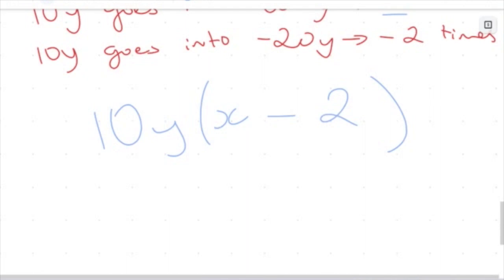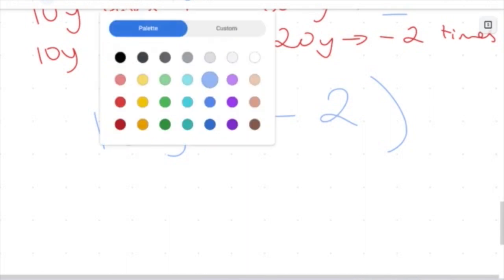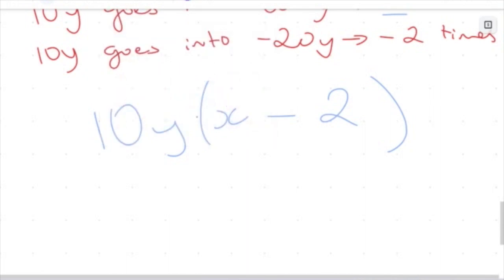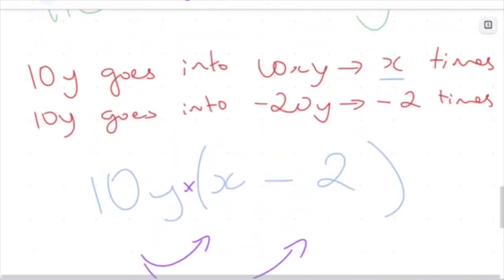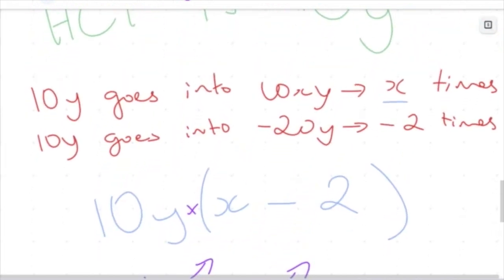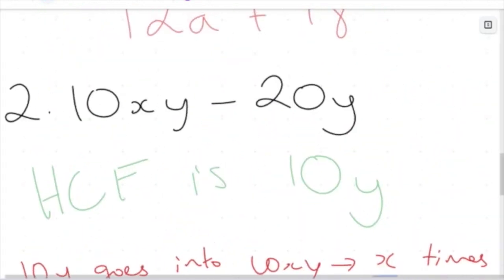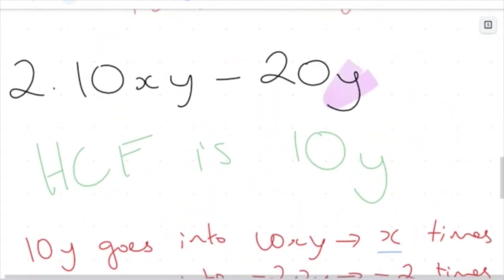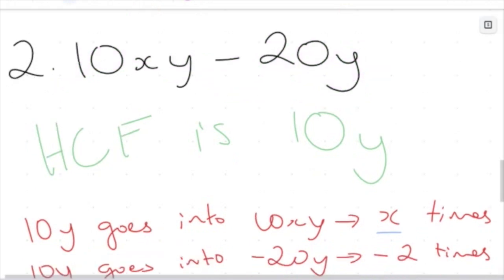This is my factorized form. Now, once again, I can check this because I'm doing a multiplication here. So to expand, I can check if my factorization is correct by just expanding this. And I should get back my original expression in the question.